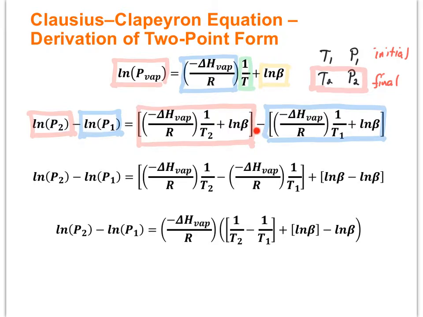That is, we can multiply our -1 through here, so we can get our heat of vaporization over R times 1 over T2 minus our heat of vaporization over R times 1 over T1. We can group those terms together. And we can group our natural logs of beta together. This minus this.